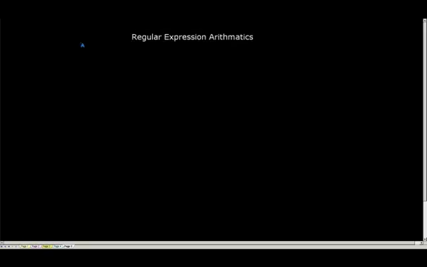Okay. So what does this mean? First, two regular expressions R1 and R2 are said to be equivalent. What does this mean? When can I say that R1 and R2 are equivalent? Tell me.